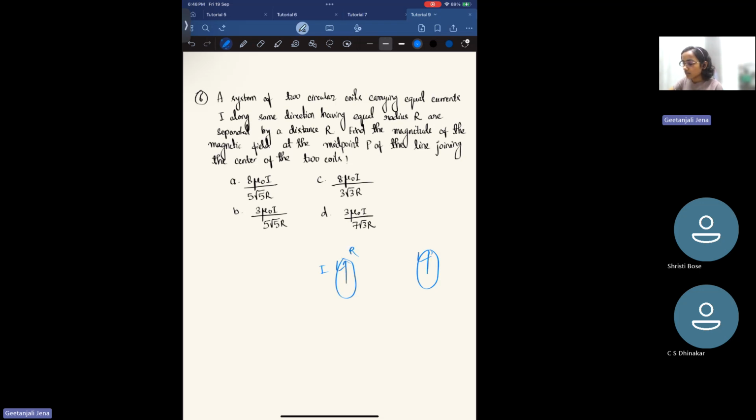Radius is r, and these are separated by a distance r. Find the magnitude of the magnetic field at the midpoint P of the line joining the center of the coil. So I hope you know the formula for this. Do it and let me know the answer.